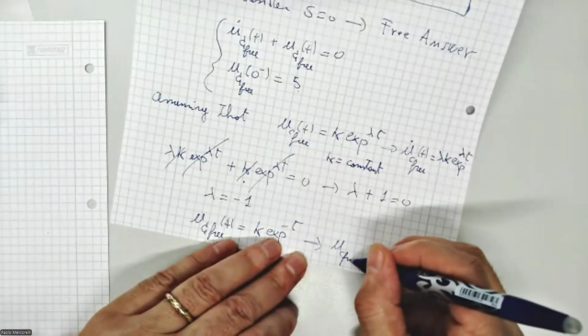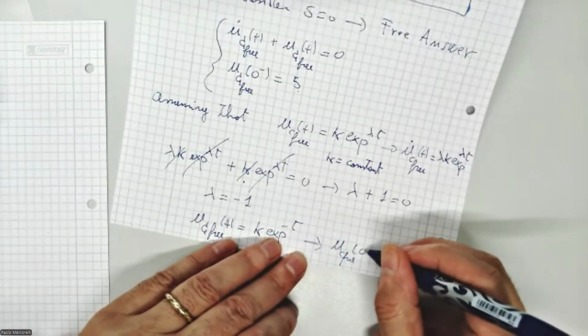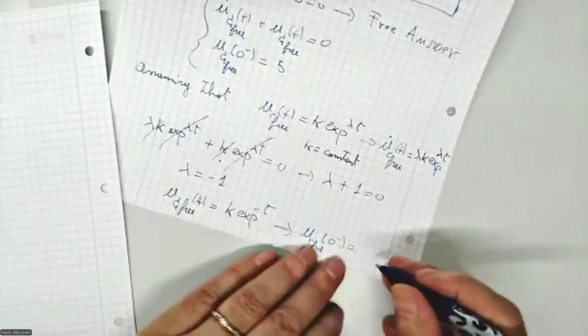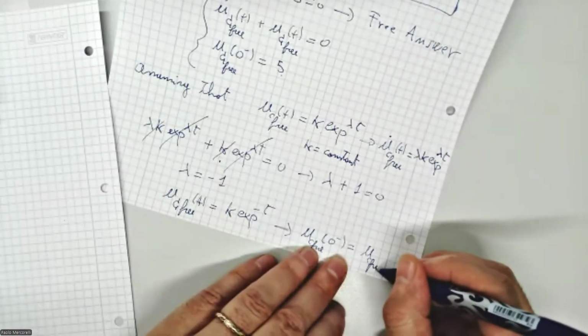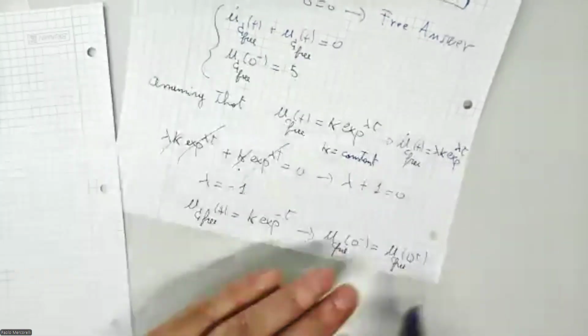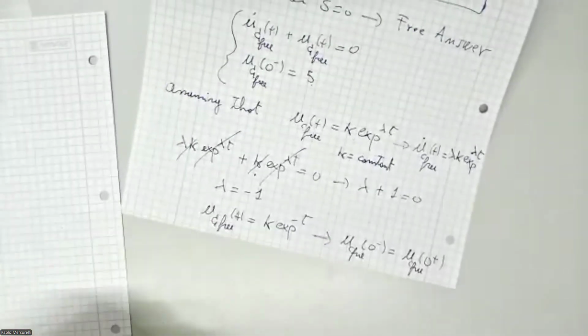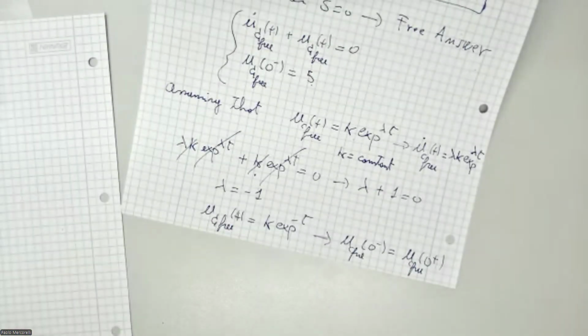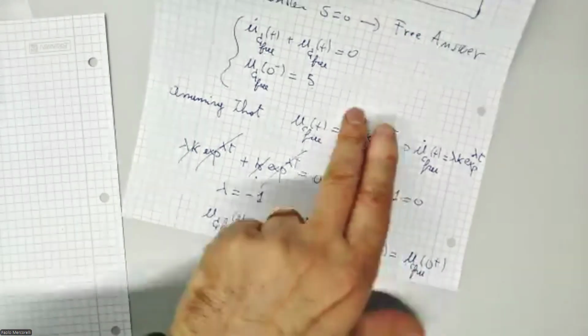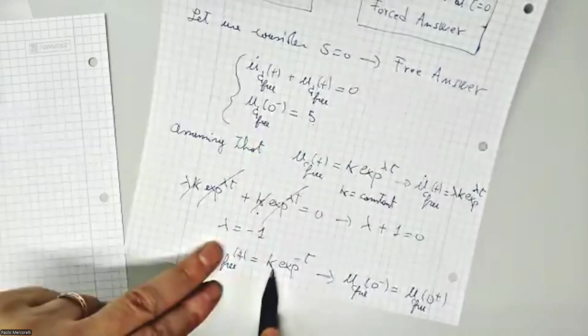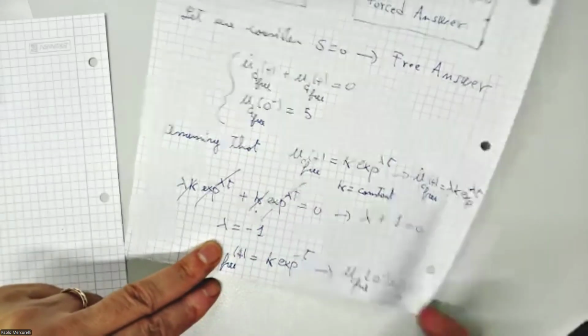This means, of this function here, now k, we know that is 5.